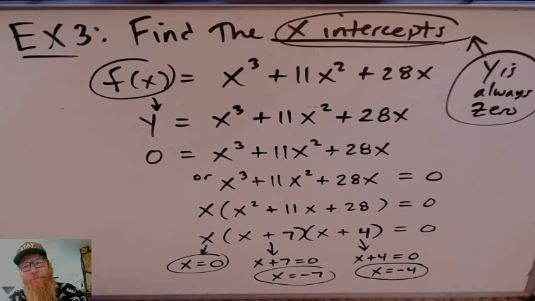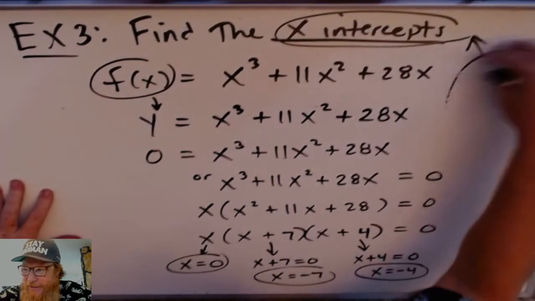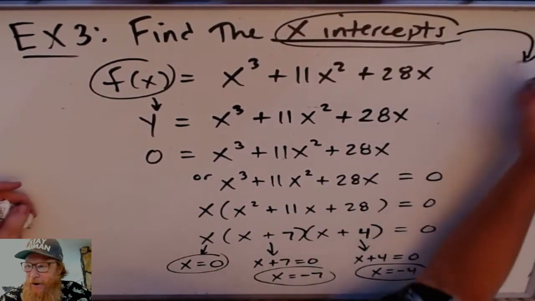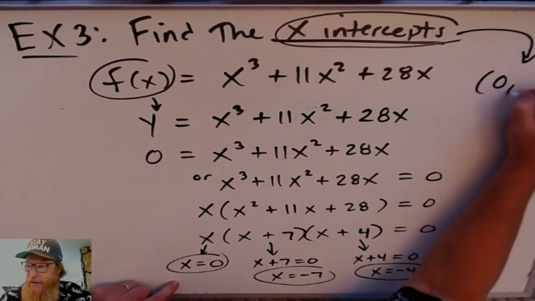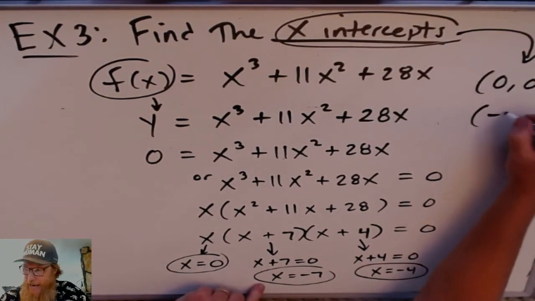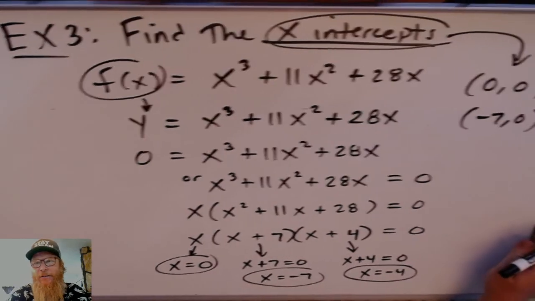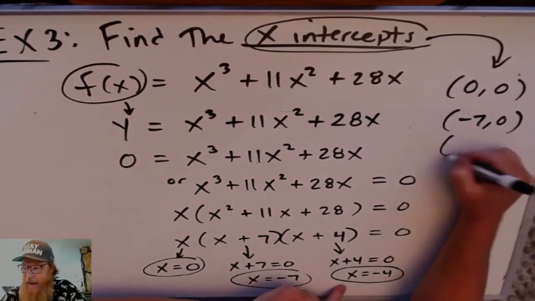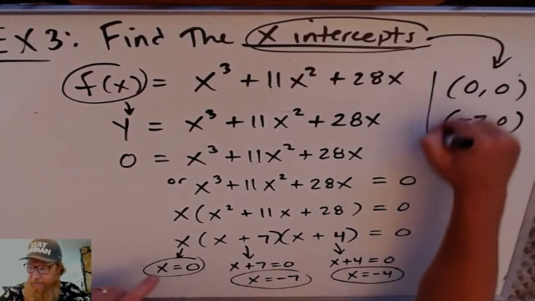Okay. So these are the real zeros, but the question is, what are the x-intercepts? So the x-intercepts are (0, 0), (-7, 0), and (-4, 0).